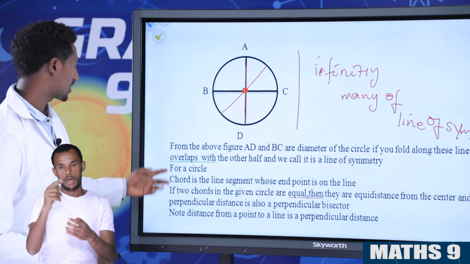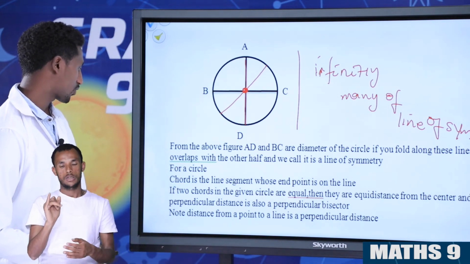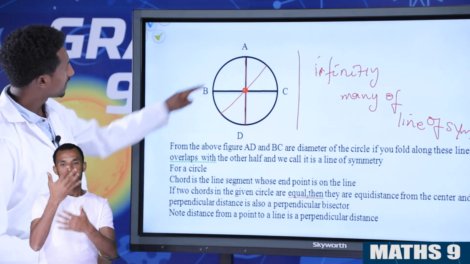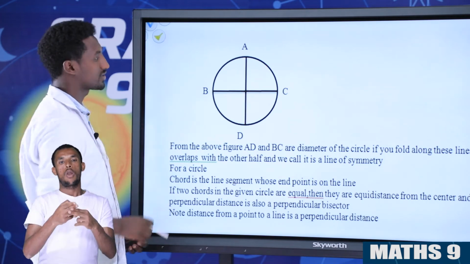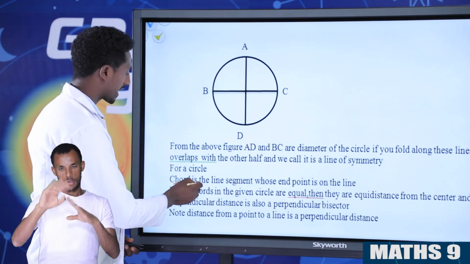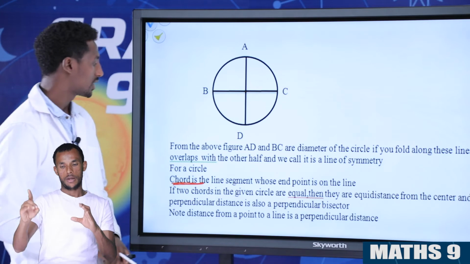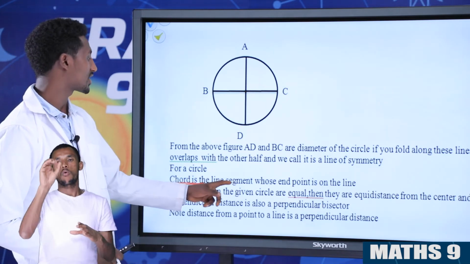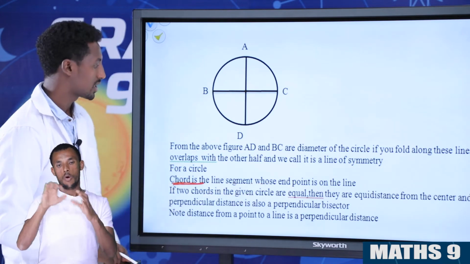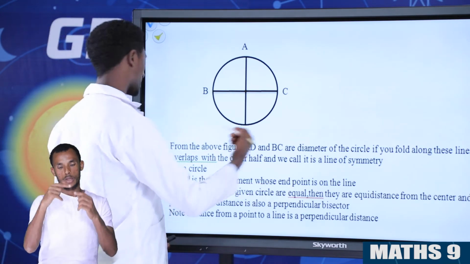From the above figure, this one is the center that we have discussed, and here the diameter is sometimes called the largest chord in the circle. A chord is a line segment whose end points are on the circle.